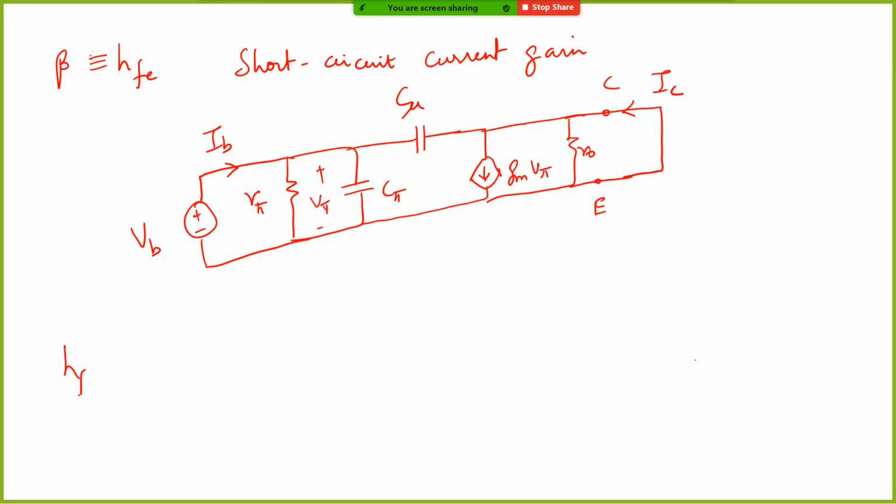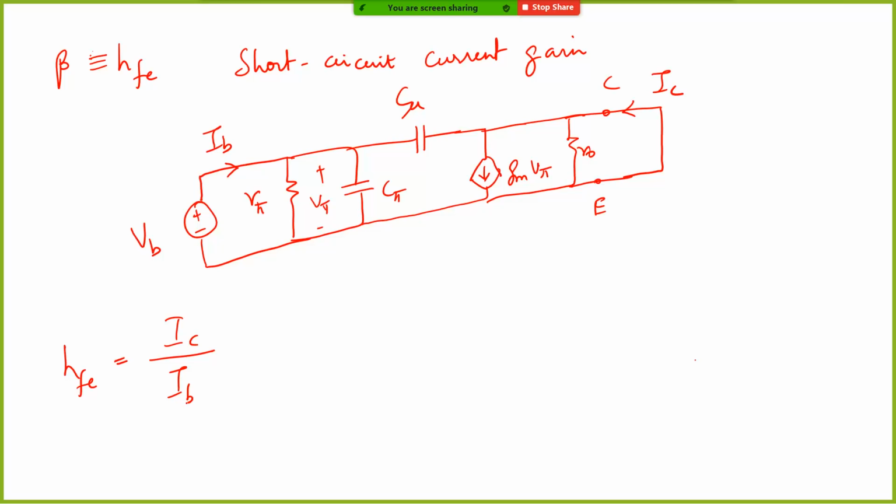HFE is defined as the ratio of IC by IB. So in the absence of all these capacitors, your HFE will be equal to beta, or Gm times R pi, which is what we have been using so far.